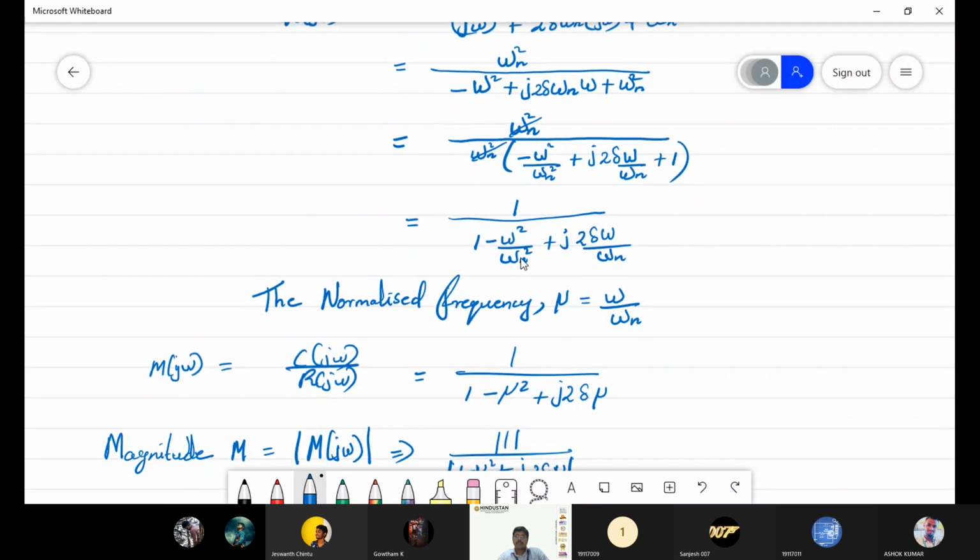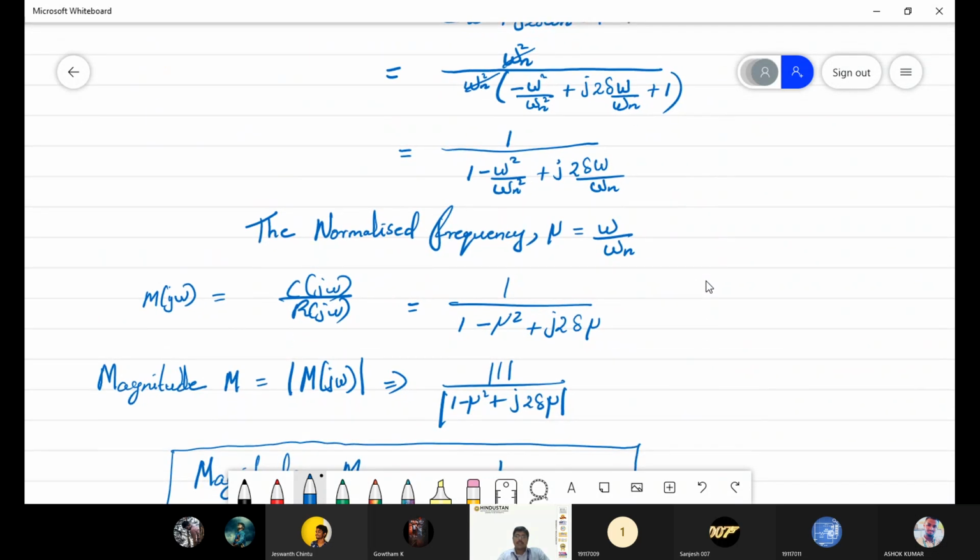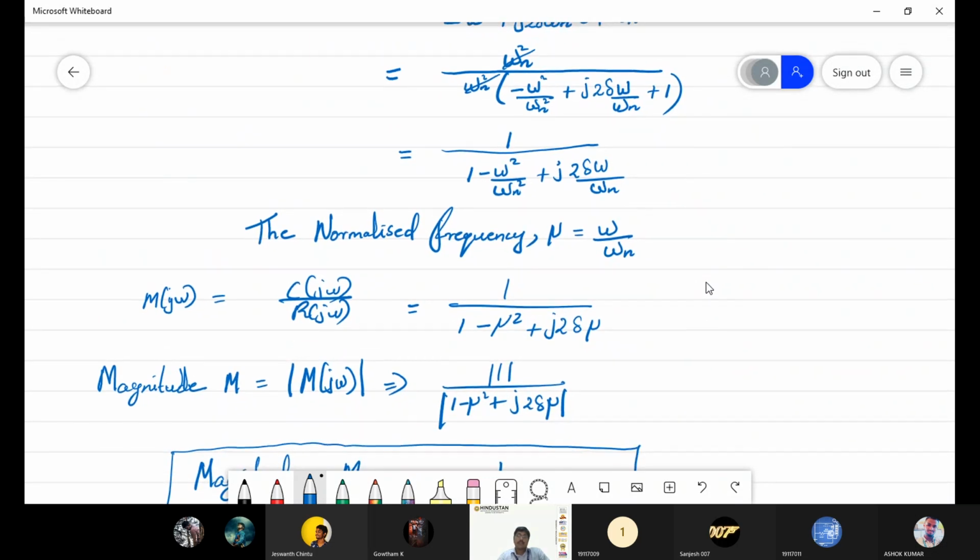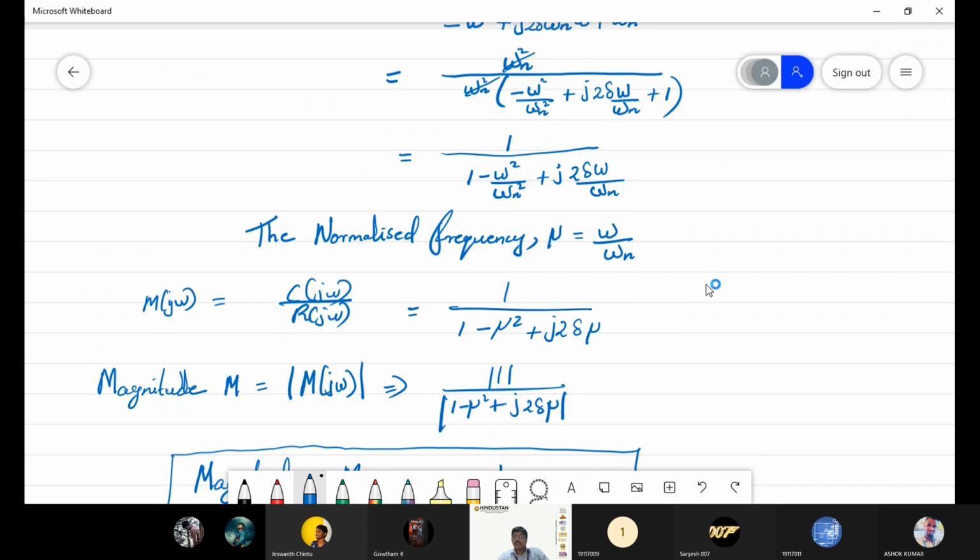So here it is a real part and here it is the imaginary part. If you have the real part and imaginary part and you want to find the magnitude, it will be root of a square plus b square, where a is the real part and b is the imaginary part. The same thing we applied here.